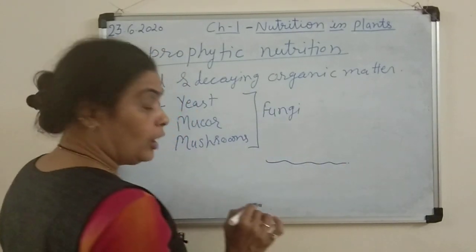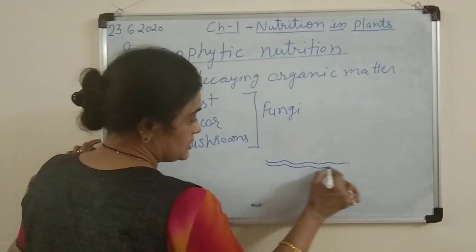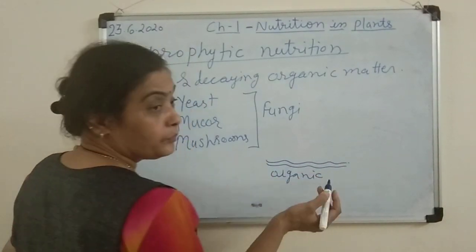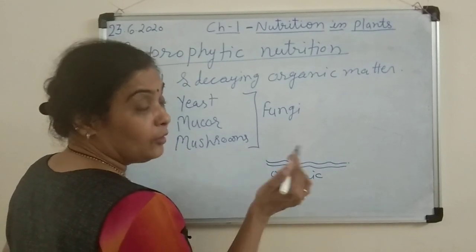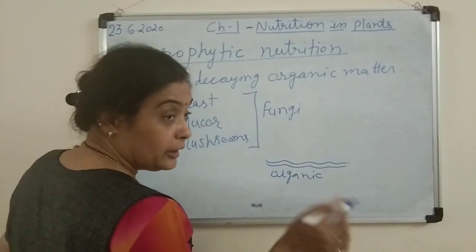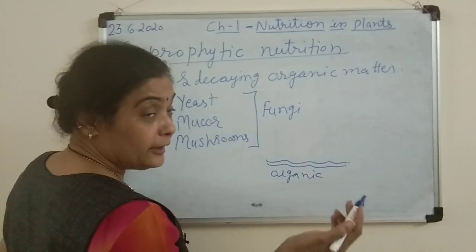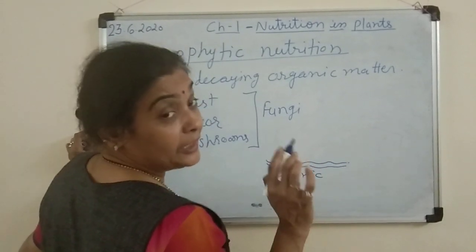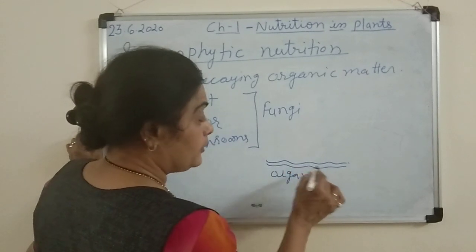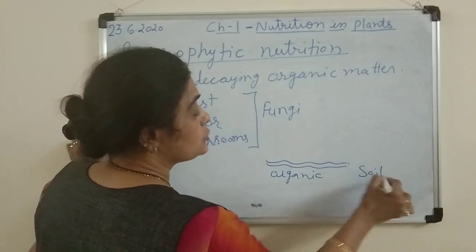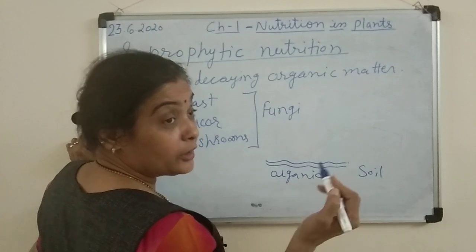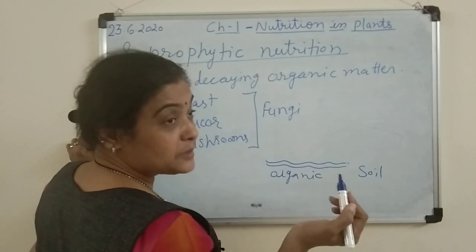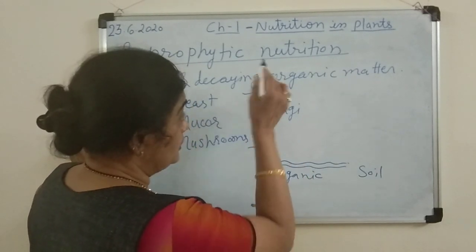Organisms fall on the organic matter. This is organic matter, say for example, dead skin of an animal or a fallen leaf or some dried and dead parts of the plant or animal excreta, whatever is found in the soil, a damp area, a wet wooden log.